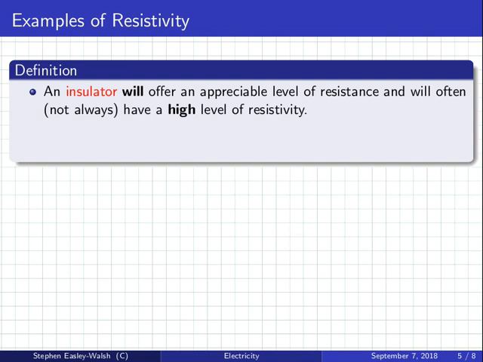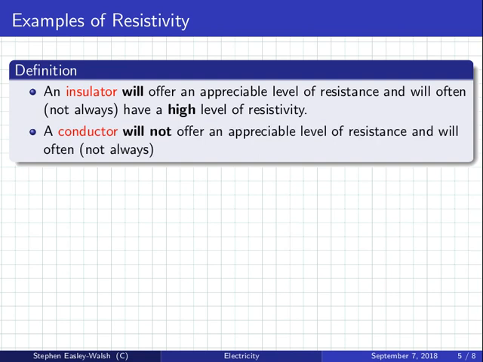Got that? So you can guess what's going to be a conductor. Low level of resistance. Yeah, that's it. A conductor will not offer an appreciable level of resistance and will often have a low level of resistivity. Copy, paste.